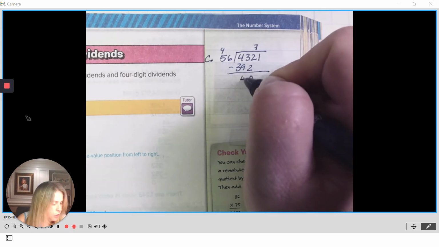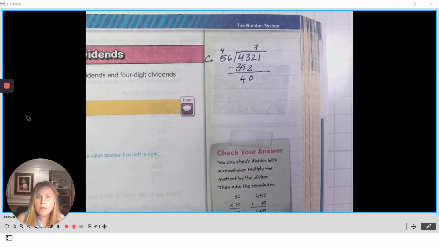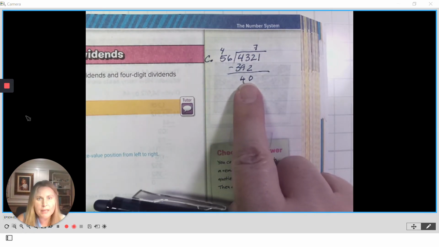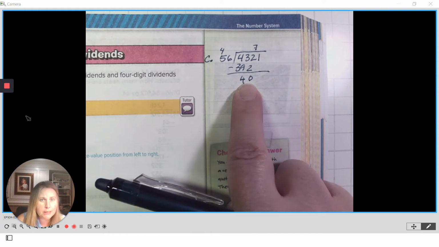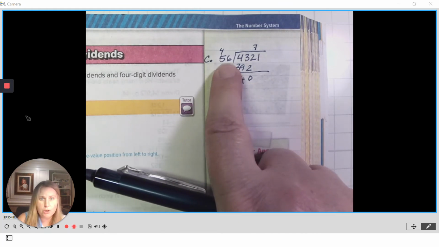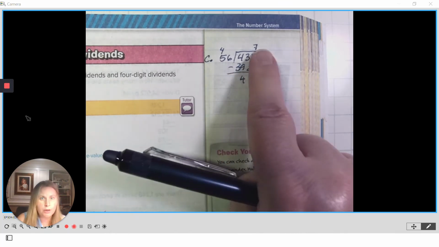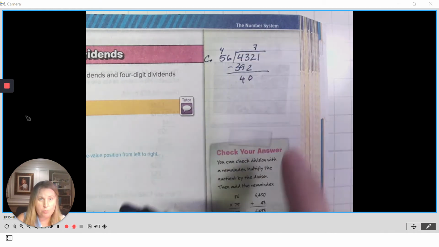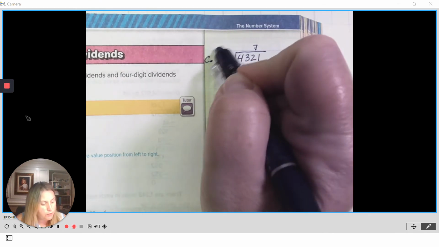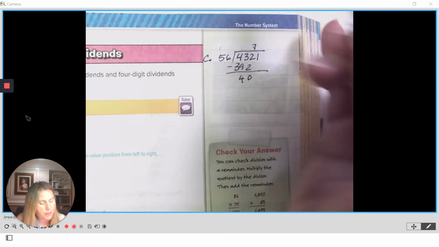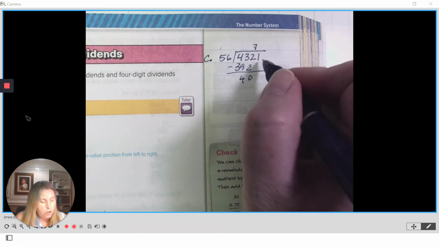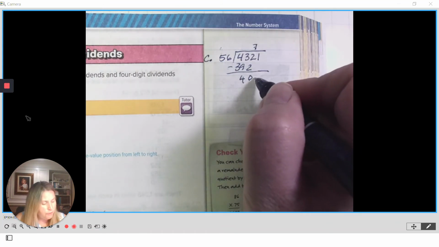So that is good. That's less than 56. So the number that we subtract, if you remember from elementary school, has to be less than the number that you're dividing by. Otherwise, you underestimated, and you would need to make that number a little bit bigger. And just to avoid confusion, I'm going to erase that 4 that we carried. And then here, we bring down our 1, so we have 401.